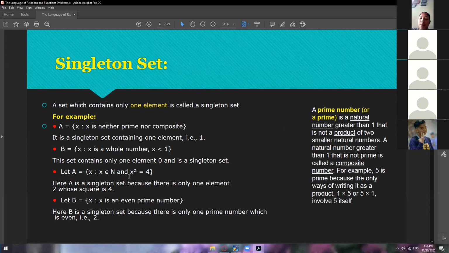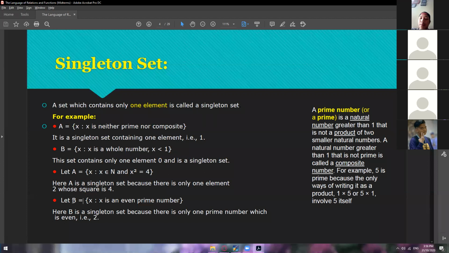Meron pang isa, which is a negative 2, pero yung condition nga natin dito is natural numbers lang. So, ito ay integer. So, pwedeng dalawa, pero dito is natural number lang, kaya 2 lang yung possible number natin dito. Okay? Thus, here A is a singleton set because there is only one element, 2, whose square is 4.